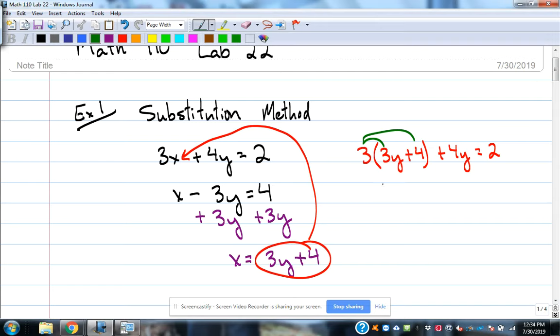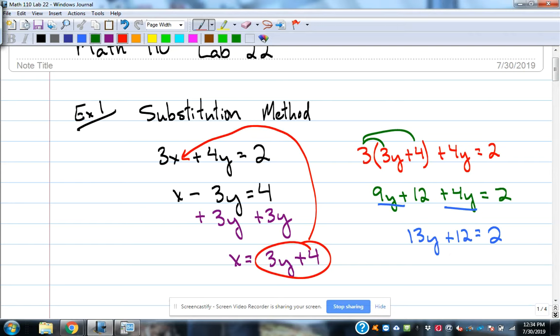So we distribute the 3: 9y plus 12 plus 4y, still equal to 2. And then we combine the like terms. 9y plus 4y would be 13y, plus 12 is equal to 2. And then get y by itself, or isolate the variable part.